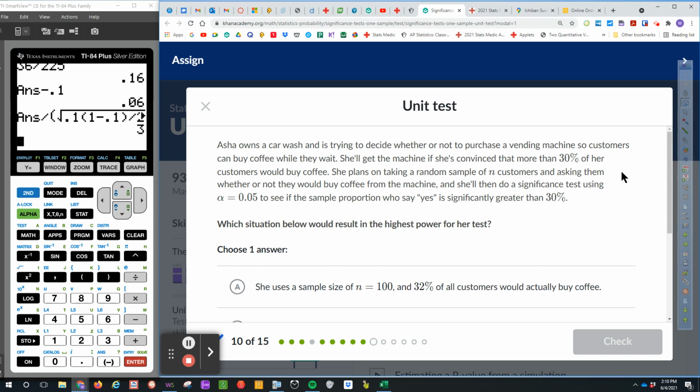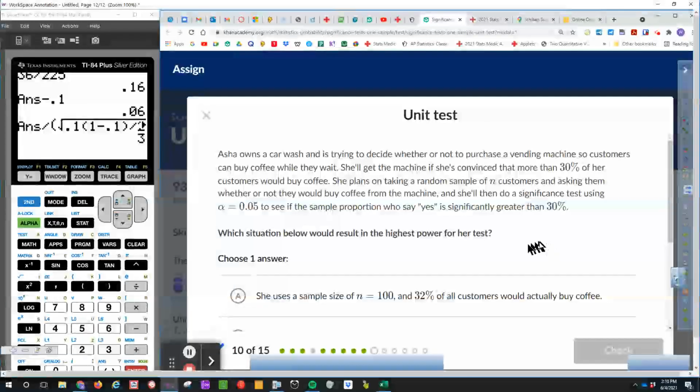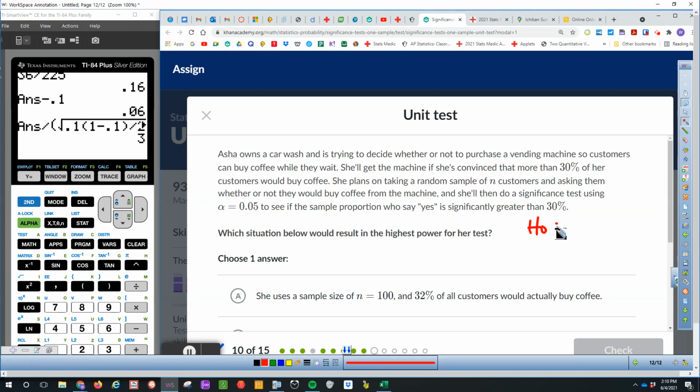Okay, this is always interesting. The null hypothesis is that we are assuming 30% of customers would buy coffee.